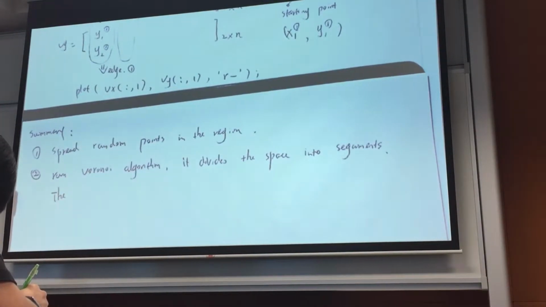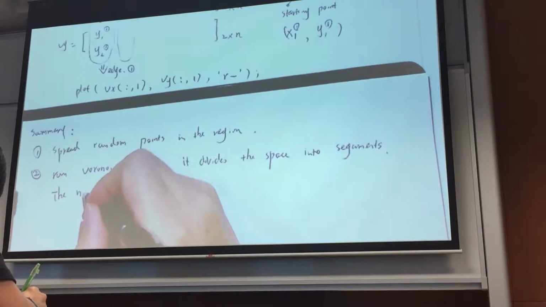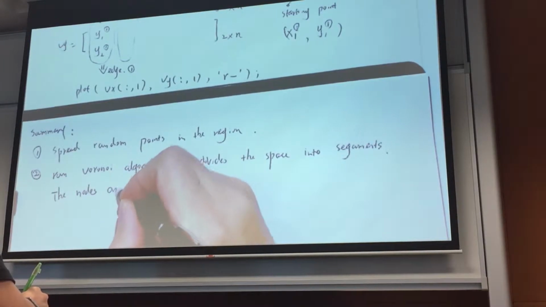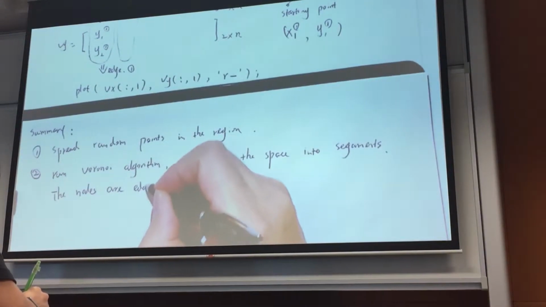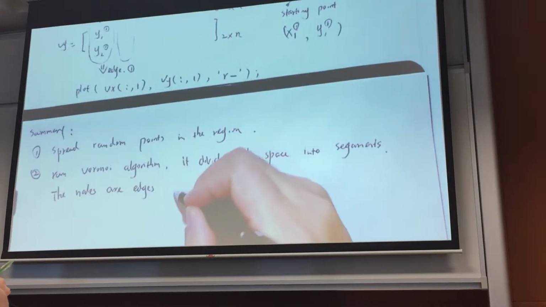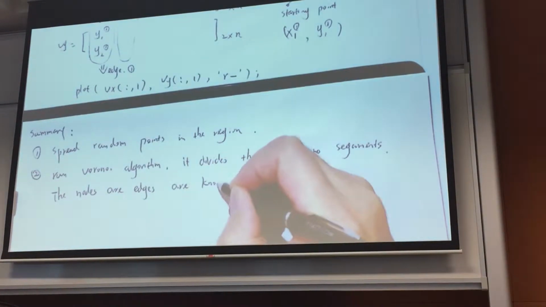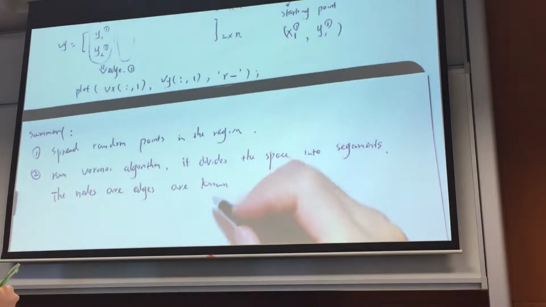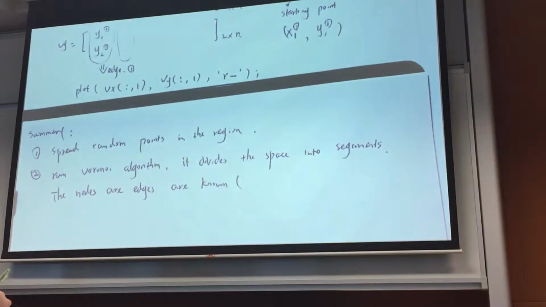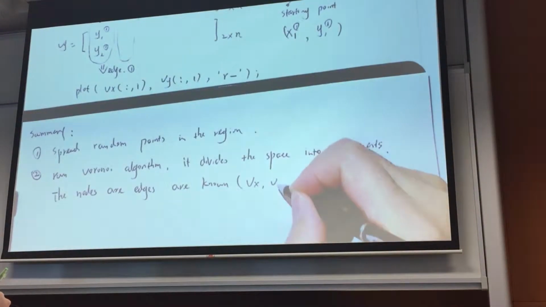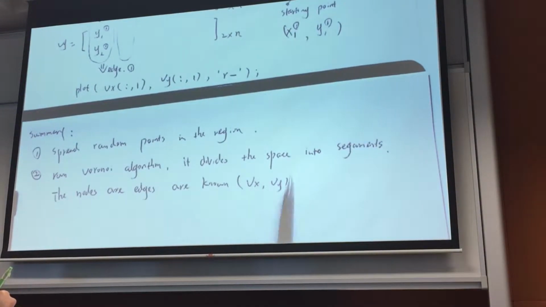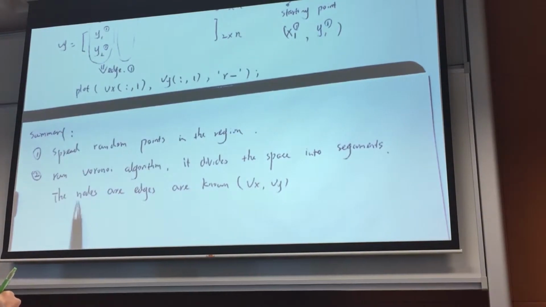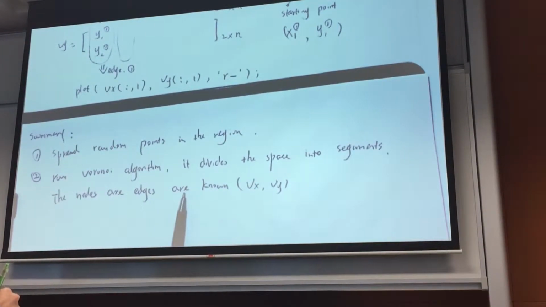So the nodes and all the edges are known. We got Vx and Vy. Actually this matrix gives you all the information that you need to deal with. So all the nodes and all the edges of the graph are known.